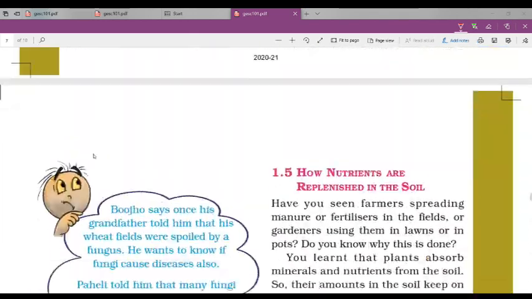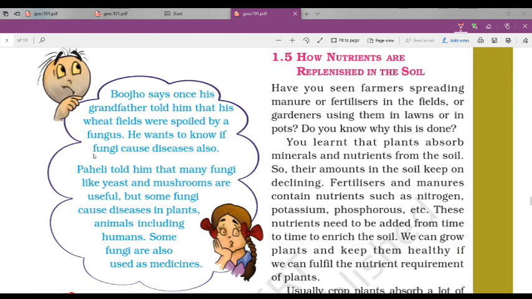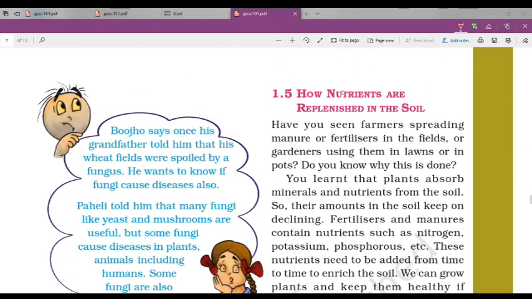Now the next thing we will learn is how nutrients are replenished in the soil. We have studied that plants absorb important nutrients from the soil, so there is a requirement that the soil replenish itself for the nutrients.